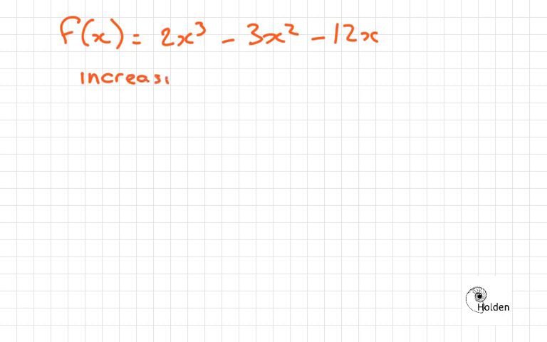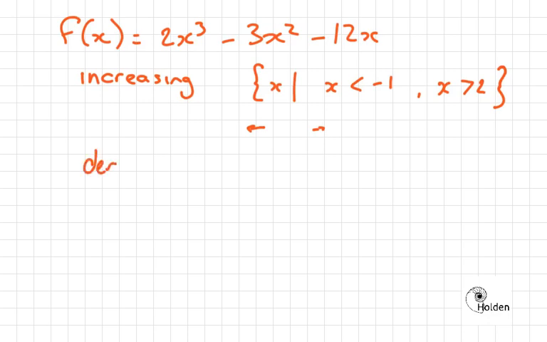Our function is increasing at the beginning, for the values x such that x is less than -1. That's also true when x is greater than 2. Okay, so on the left hand side it was increasing, and on the right hand side it was increasing.